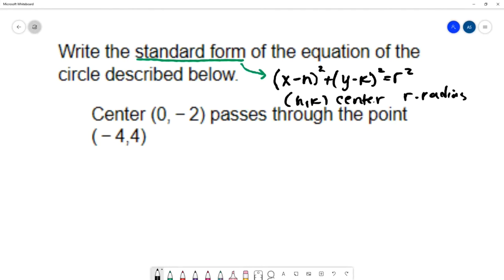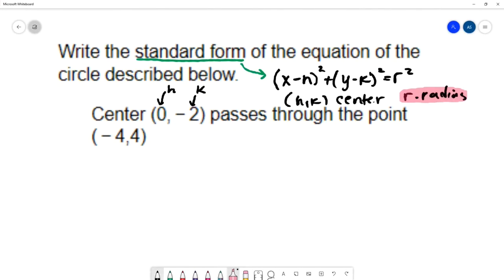We were given the center, so we know what h and k will be. The only part we need to figure out is the radius of the circle.